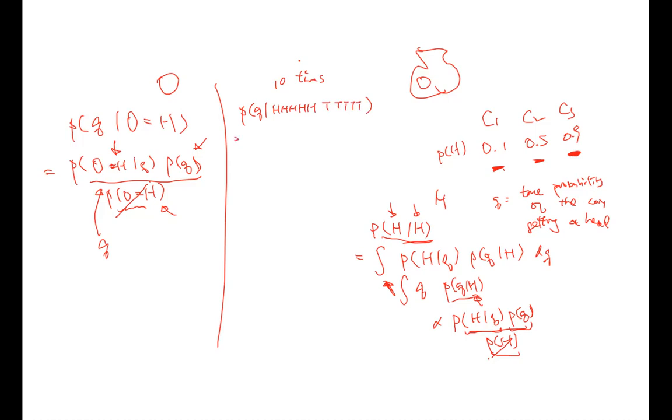Then this will be, let me just write equal anyway: P(5 heads and then 5 tails given Q) times P(Q), over P(5 heads, 5 tails) anyway.